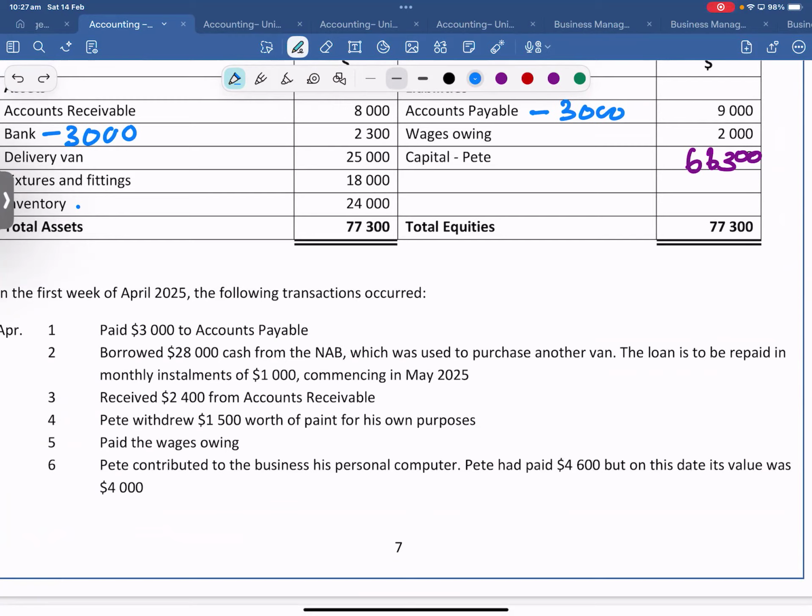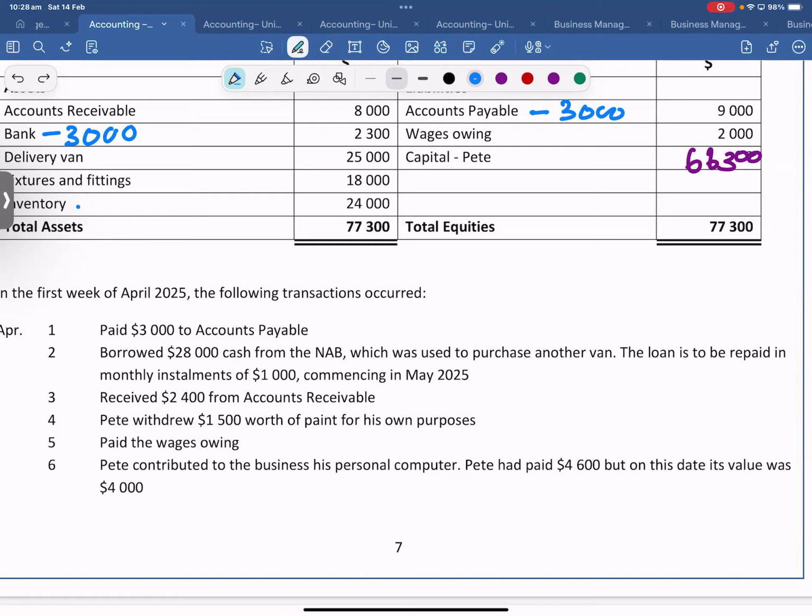You can't repay the loan until May, and then you also buy another van. So the delivery van would increase by 28,000. Okay, so you are saying bank decreases. Yeah. Then delivery van increases because you purchase.